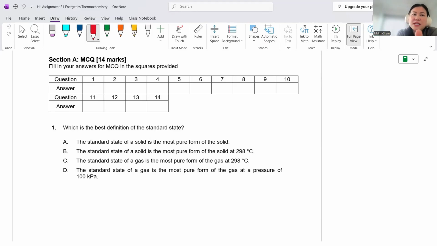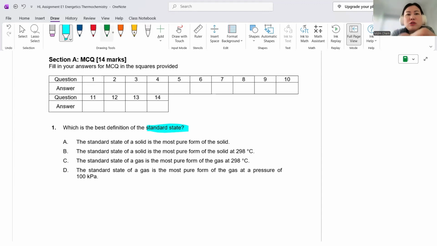So that's when we first encounter the word standard state in the notes. So what is standard state? So if you refer back to what I mentioned, standard state at standard condition. So it's the state of the substance that is naturally found in when we apply at standard conditions.